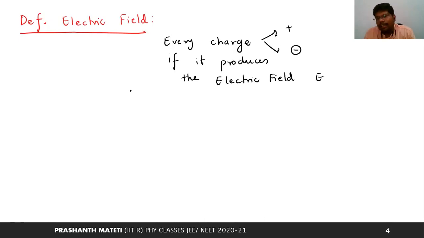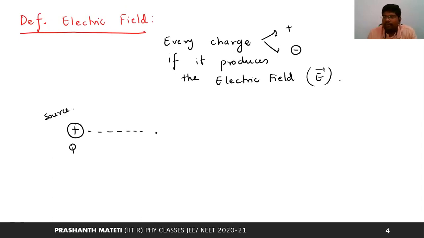We use the symbol E, and it is a vector, we'll see that shortly. If you take, for example, a positive charge, we want to visualize this, know it, and also define it. What is the effect of this charge? Out of the many charges, if you pick one charge, we call that a source charge, because it is producing the field.